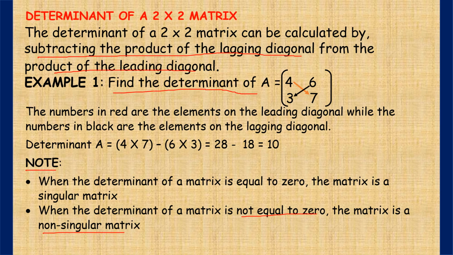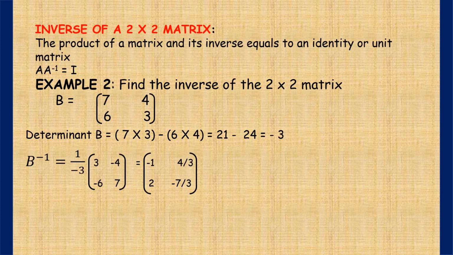Let's go on to the last slide. Here we are looking at the inverse of a 2 by 2 matrix. Now, for you to be able to find the inverse of a 2 by 2 matrix, you need to find the determinant of that matrix first. But then, if you multiply a matrix by its inverse, you must get an identity matrix. What do I mean by identity matrix? The identity matrix for 2 by 2 is 1, 0, 0, 1.